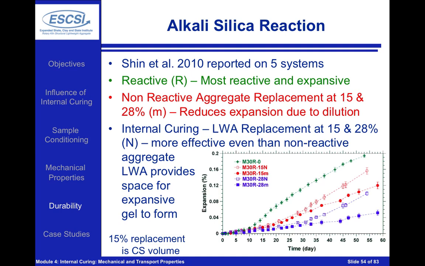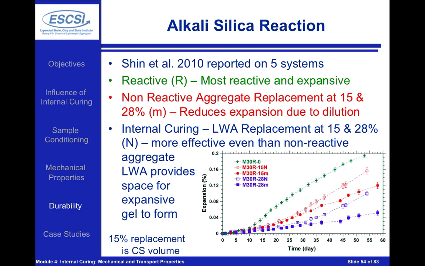What you can actually see is a delay in the time of expansion and a delay in the overall expansion that's occurring. The blue, however, with the open symbols representing a 15% replacement and the closed symbols representing a 28% replacement, what we can see here is that the internal curing is actually even more effective than just diluting the system, just replacing the sand with a non-reactive particle.